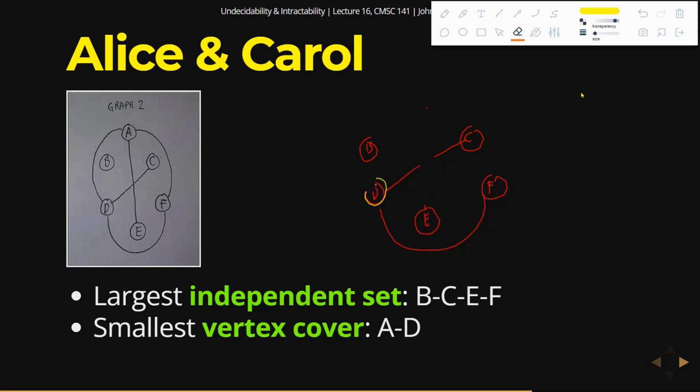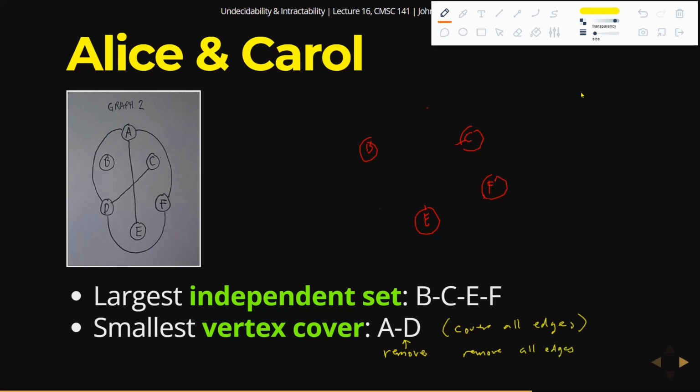And then if we remove D, then this edge will be gone and this edge will be gone as well. And that leaves B, C, E, and F without any edges at all. And that's because you removed all the edges, since this one covers all edges, right? So if you remove A and D, you are removing all edges as well.